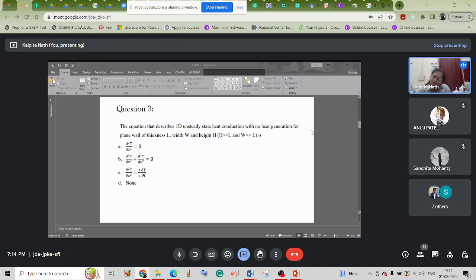The equation that describes the one-dimensional unsteady state heat conduction with no heat generation for plane wall of thickness L with W and height H is which one of the following?